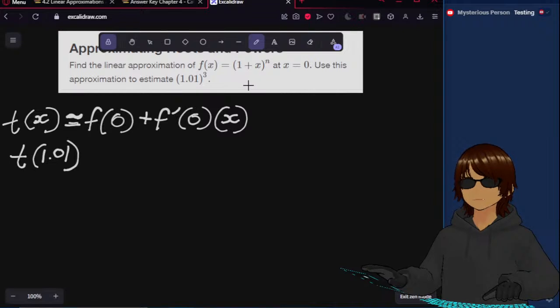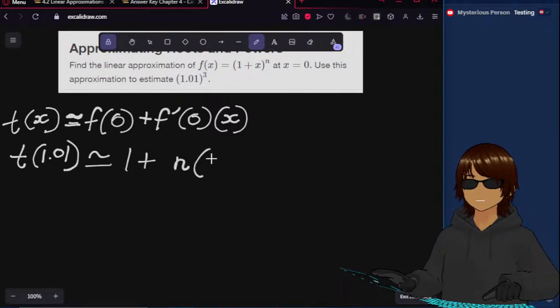Well, what's n? f of 0 is 1 to the power of n, which is just 1. The derivative is n times... wait.